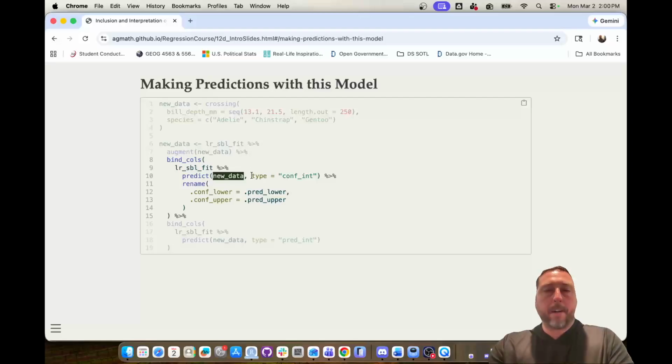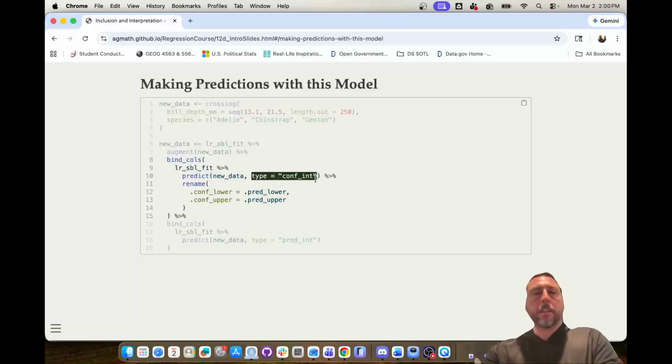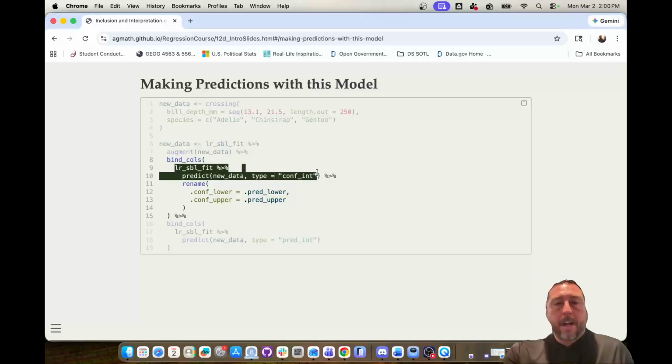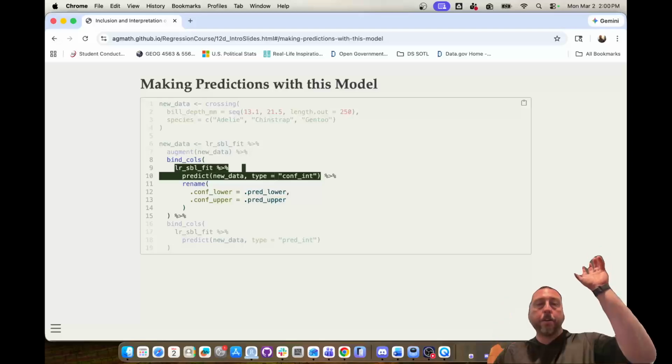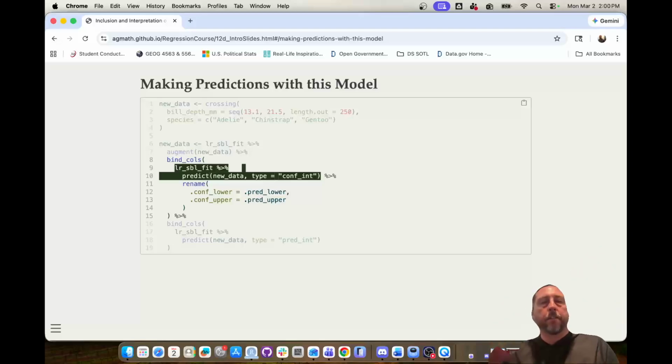And the type of prediction I'm going to make is a confidence interval. So again, coming out of these 2 lines is going to be a new data frame, but predict does not give me back my original data. I'm just going to get a new column called pred lower. That's the lower bound for my confidence interval, and pred upper, which is the upper bound for my confidence interval.